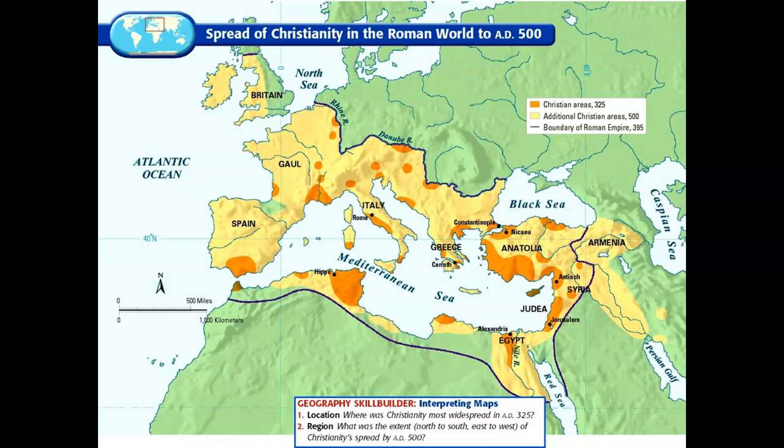We can also note that in 395, we have the spreading of a new religion, Christianity. Where you see the bright orange dots, that's where Christianity first travels. And by the year 325, those are areas that are largely Christian. We talked in class about this, but some of those areas seem to follow some of the trade routes. So port cities, urban centers, areas where there's higher populations of people, lots and lots of shipping.